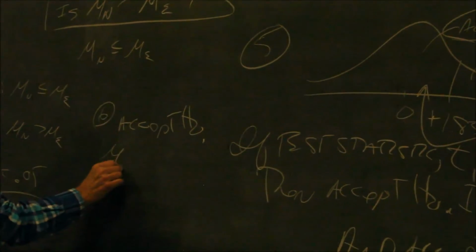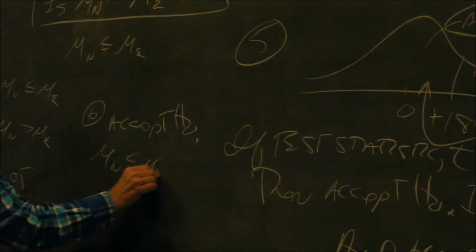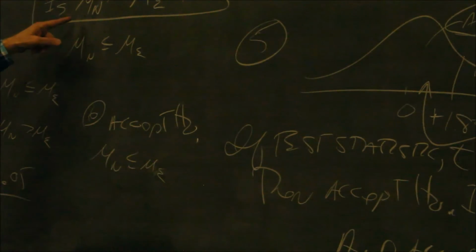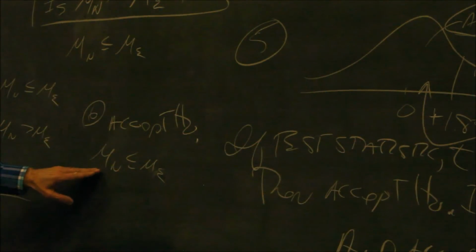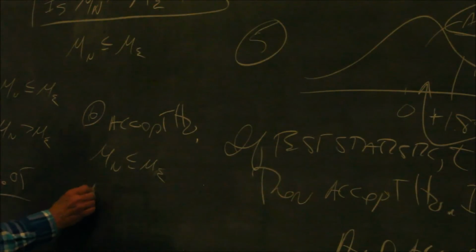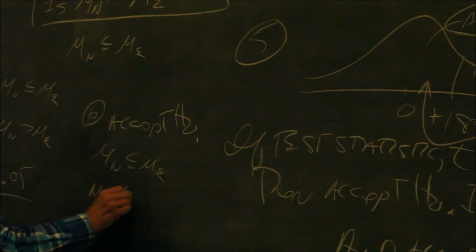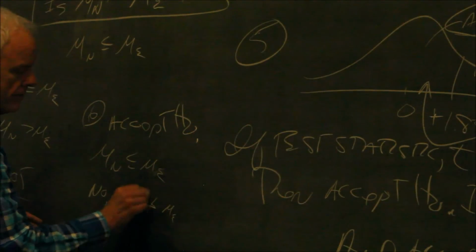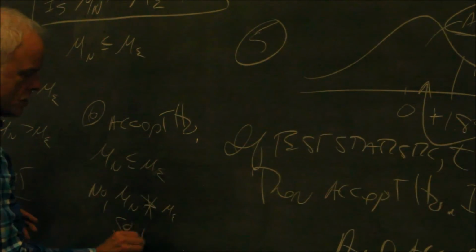That mu sub n is less than or equal to mu sub b. And so, what were we testing? We're testing is mu sub n greater than mu sub b. And because we've accepted mu sub n is less than or equal to mu sub b, then what? It's not better. Mu sub n is not greater than mu sub b, so it's not better.